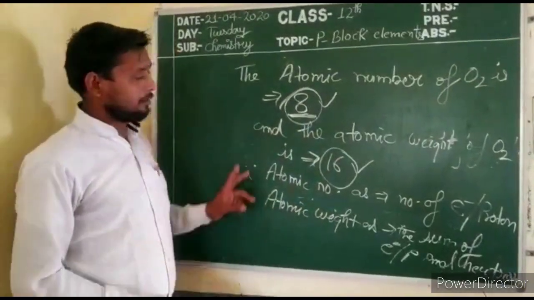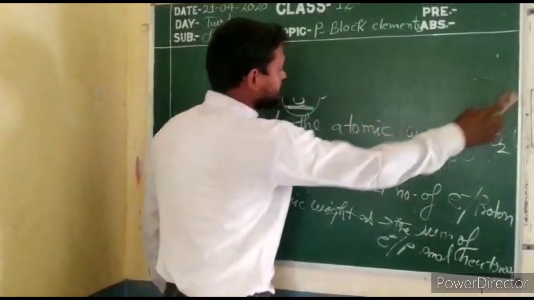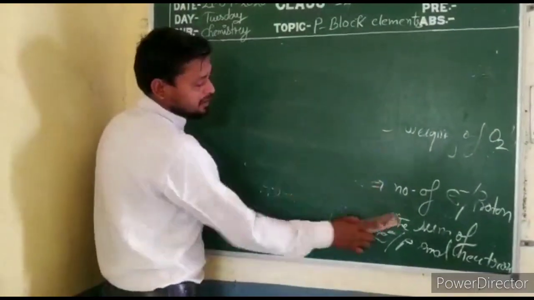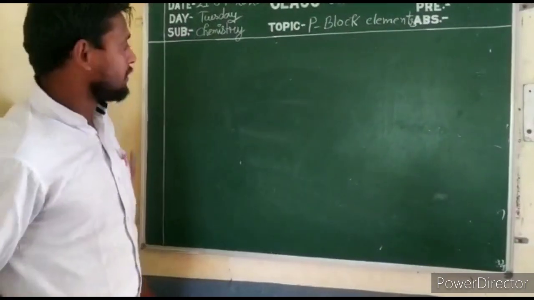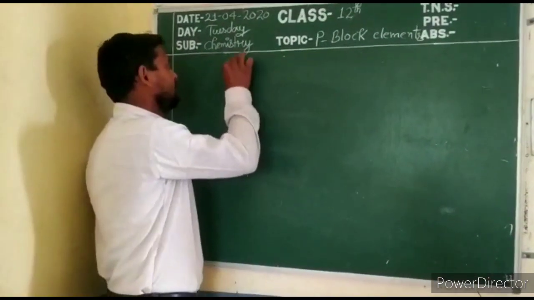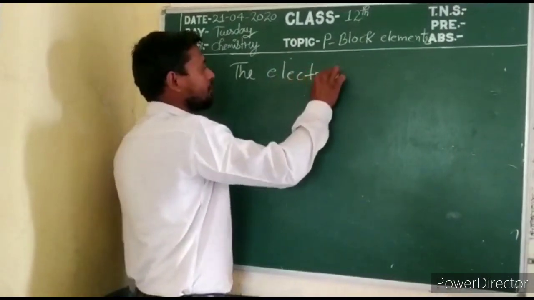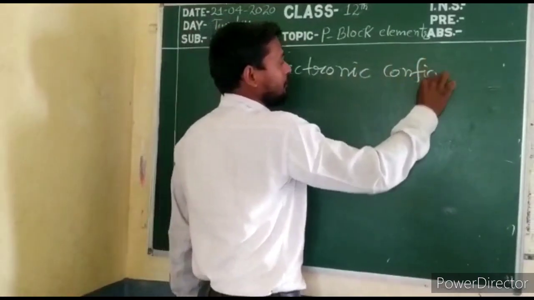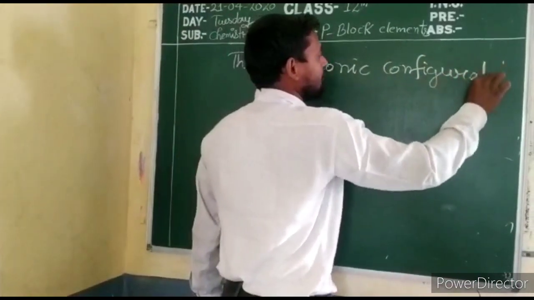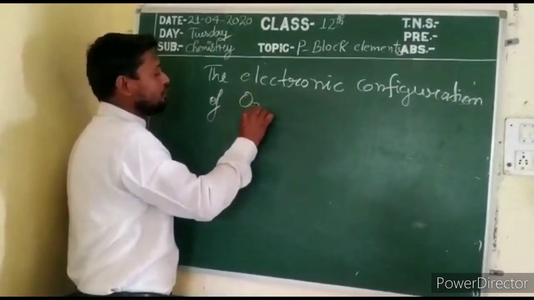Now next we discuss its next features or characteristics: the electronic configuration of O2.